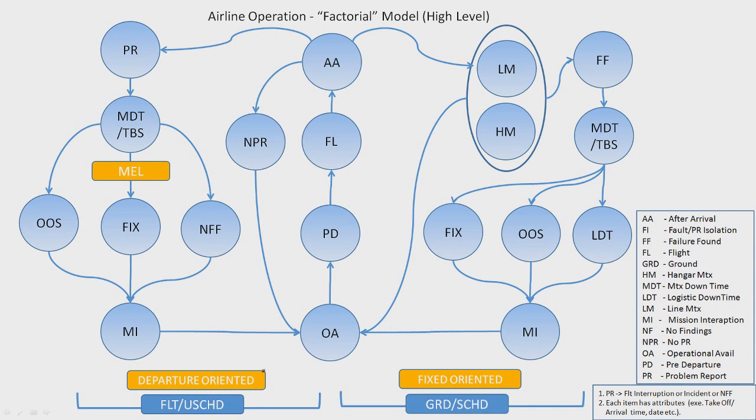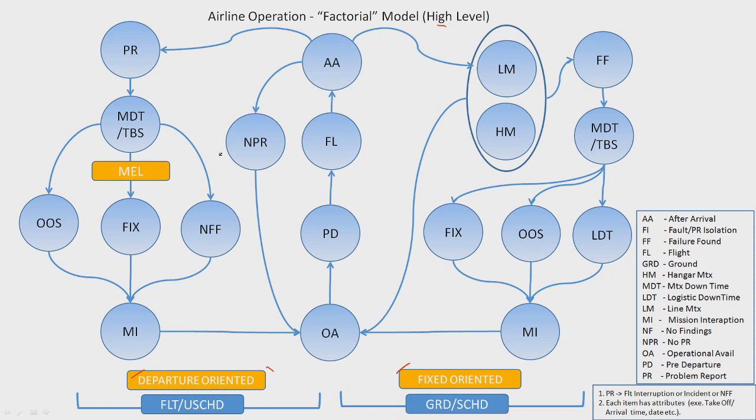The first part is departure-oriented, and the second part is fix-oriented. We are going to build our model based on the departure-oriented part. Suppose this is, I put here high level, let's say level 0, level 1. We are going to build the level 3, level 4 maintenance model.